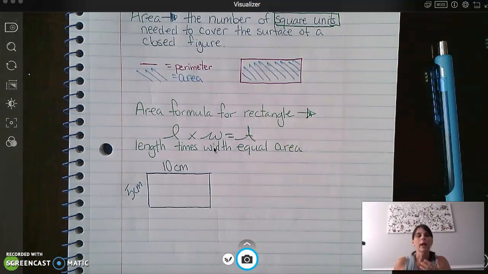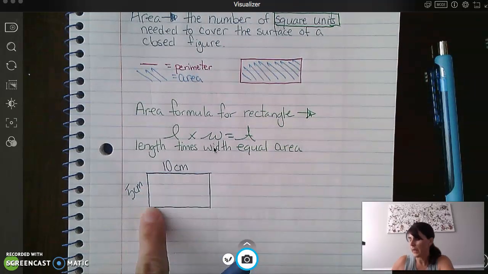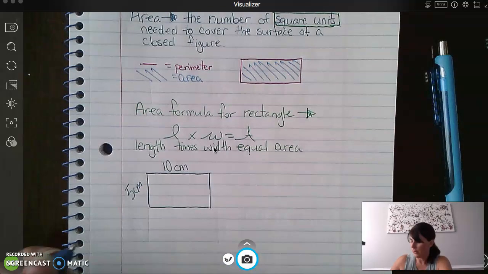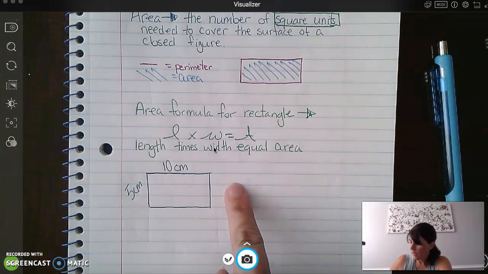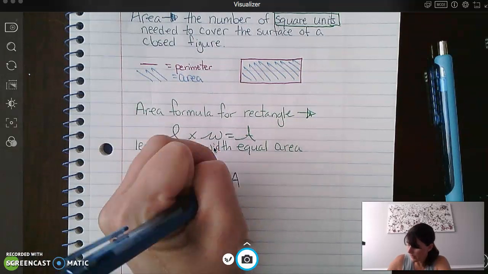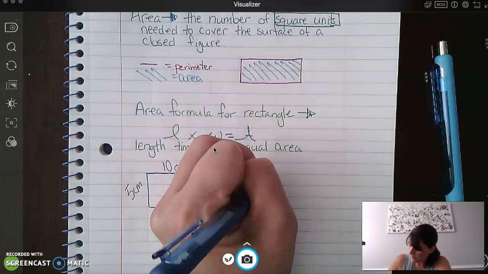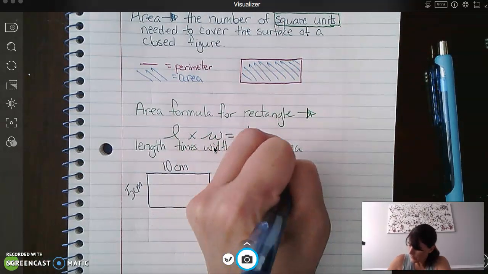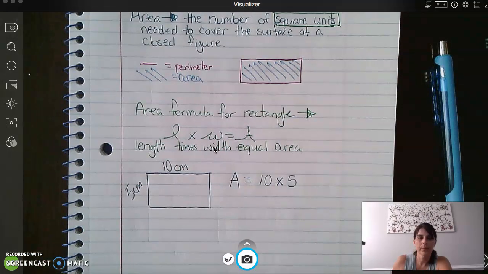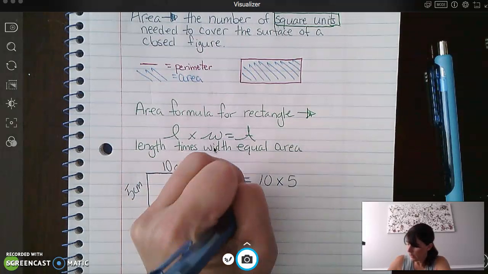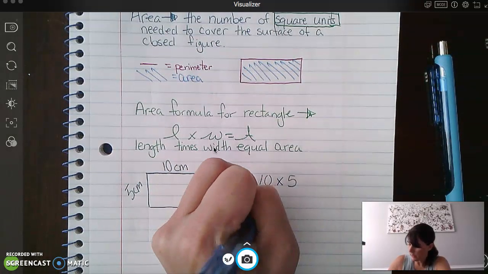When I'm finding area, I don't need to know that. I should know it anyway, but I don't need to know that. I only need the length and the width one time, and then I'm going to multiply those. So to find the area of these, I would put the area equals the length, which is 10, times the width. Okay, then I would multiply those. So the area equals 10 times 5, which is 50.